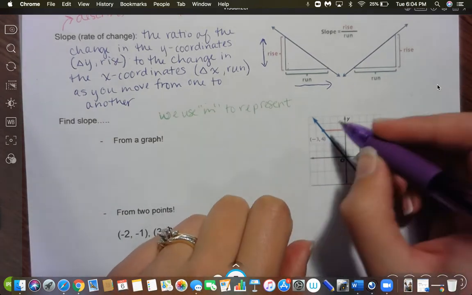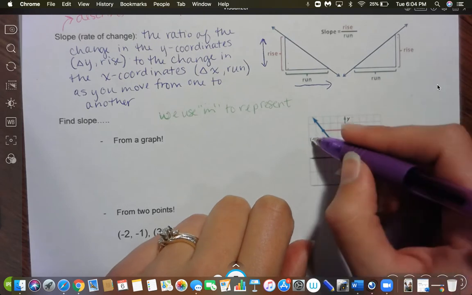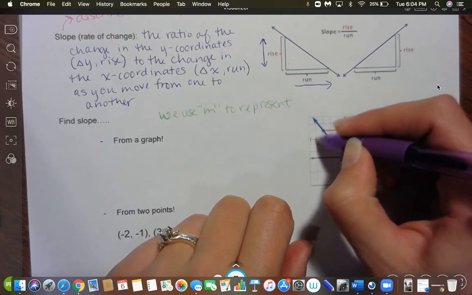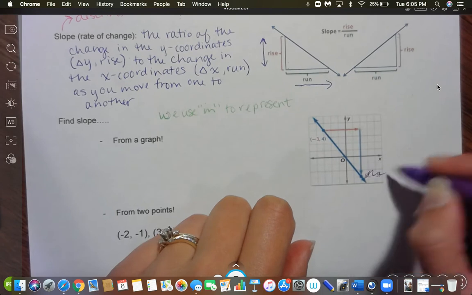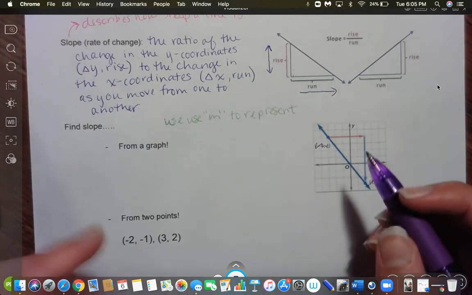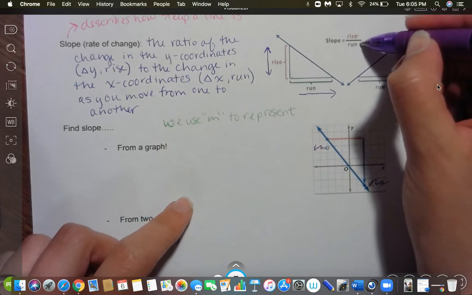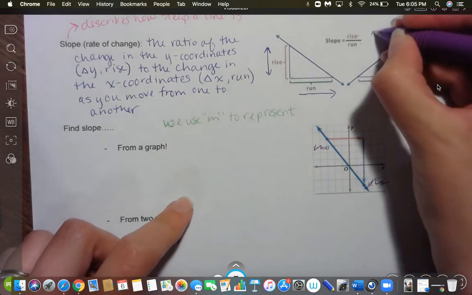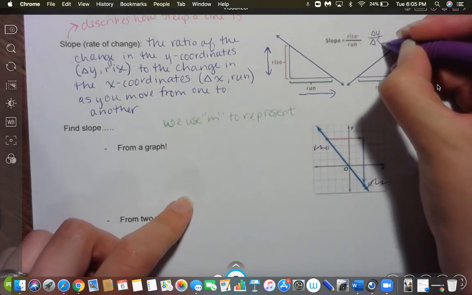All right, we could totally disregard these points that they gave us, and we can just count our rise and our run. So yes, slope is rise over run, or change in y over change in x.